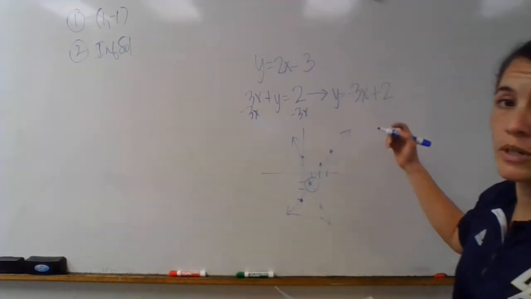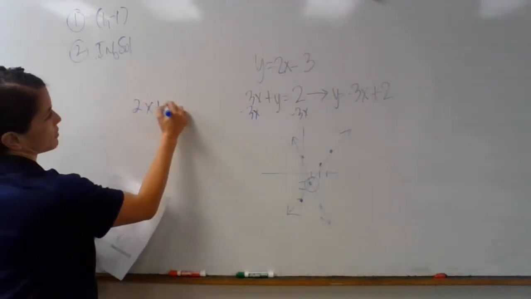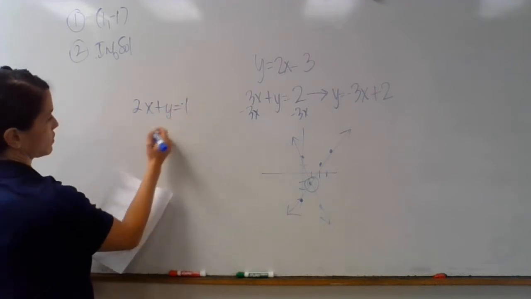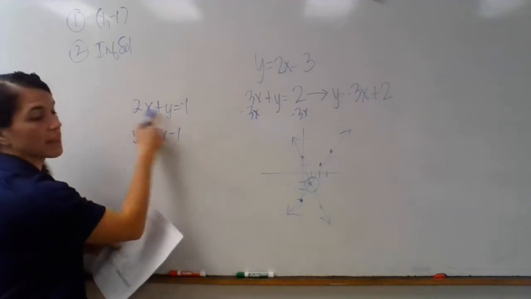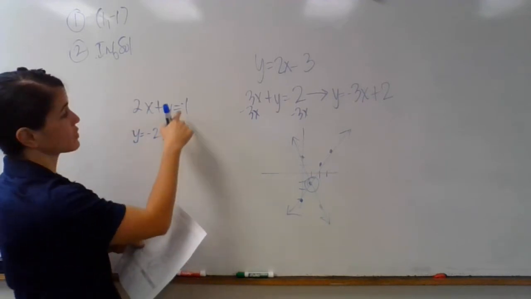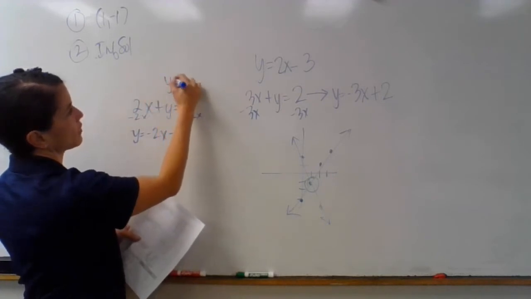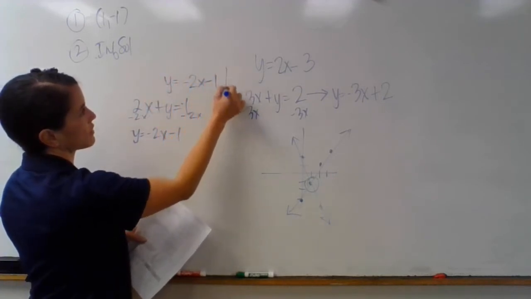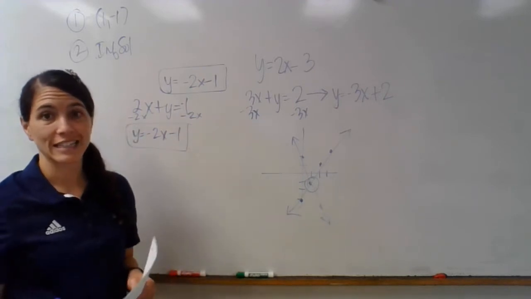Now number 2, I'm going to come right here. 2x + y = -1 and y = -2x - 1. This one's already in slope-intercept form, so I need to subtract 2x from both sides, and I get y = -2x - 1. Now, my 2 equations are exactly the same.